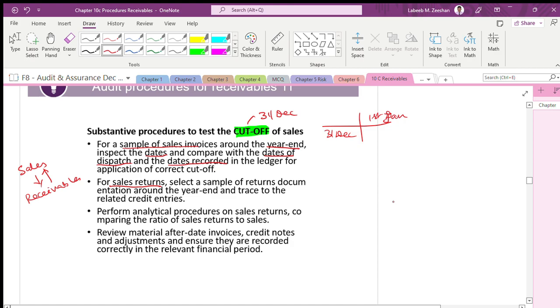For any sales returns, select a sample of returns documentation at year end and trace it to the related credit entries. Credit entries are nothing but credit notes.